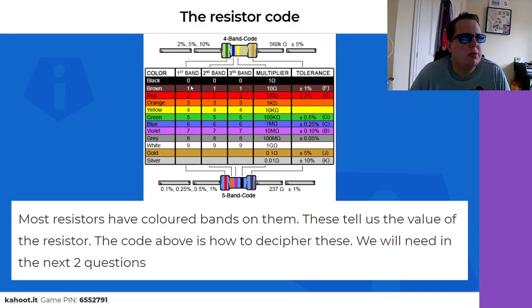Because we're only going to use 4 bands, the first 2 bands give us the value. So in this case it's green 5, blue 6, so 56. The yellow then gives us the multiplier, so it's 56 times 10,000, so it's 560,000. Okay, so good luck with these questions then.